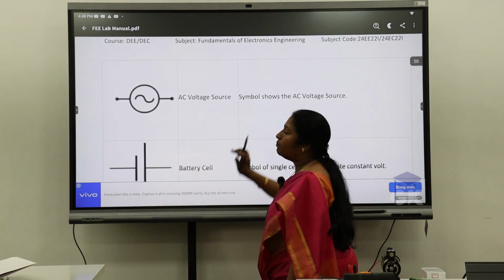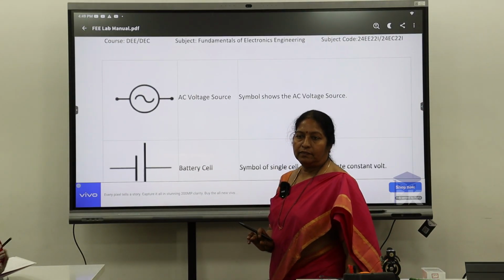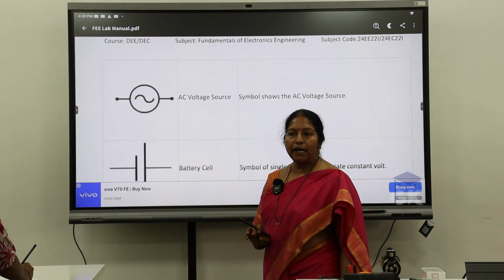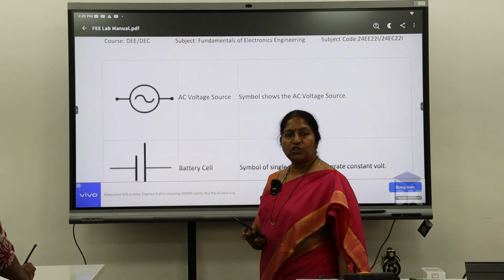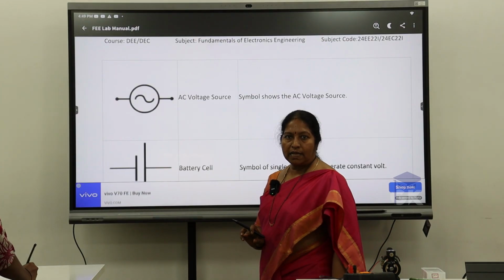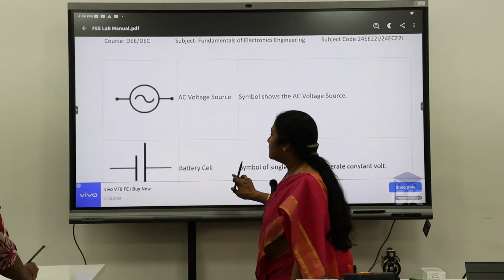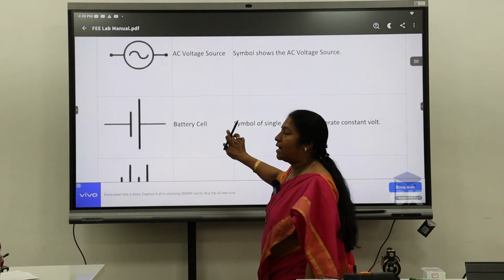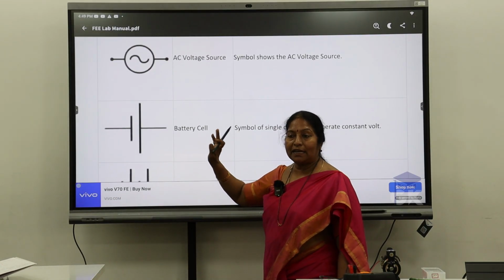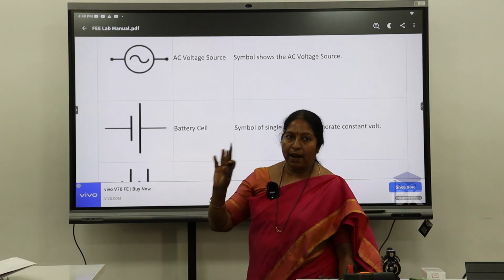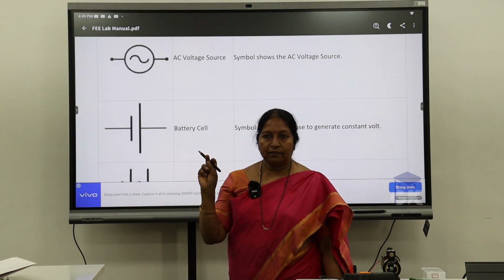And this is the symbol for an AC, alternating current source or alternating voltage source. This is an AC source. This is the symbol for a battery. It is a cell actually, not a battery. There is a difference between a cell and a battery. What is the difference?